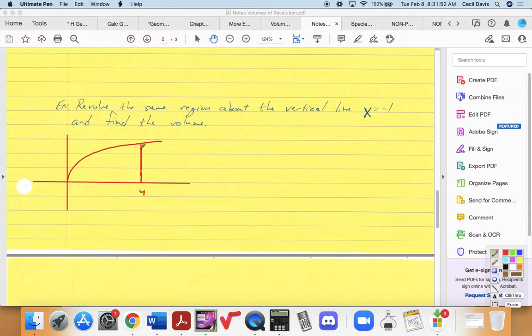That's my region. So I'm going to outline it just a little bit. And then I've got the vertical line, x equals -1. I'm going to do that in a different color. x equals -1 is over here.